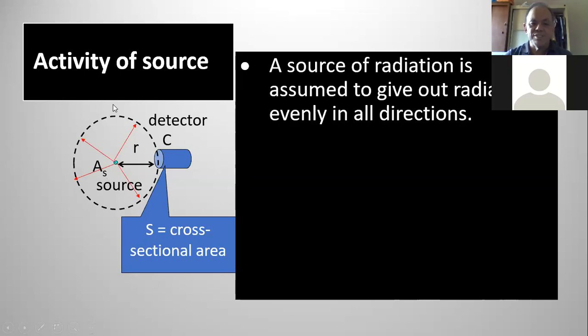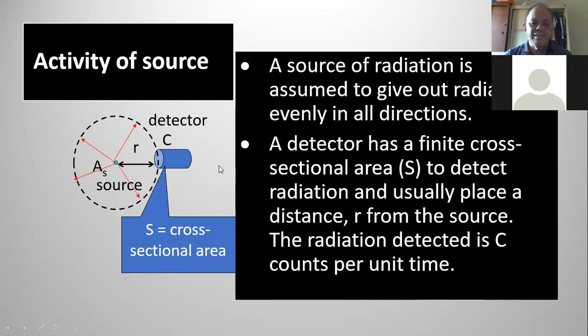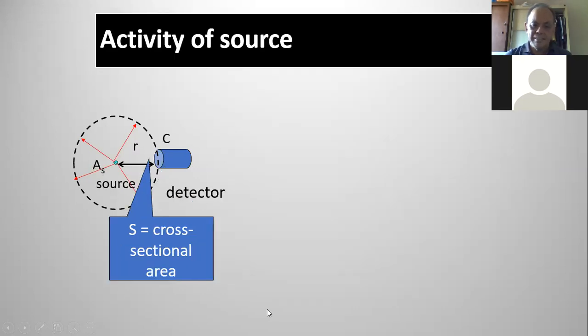That's our assumption. S is the cross-sectional area of the detector. We detect the radiation. R is the distance away, and C is the count rate, the number of counts per second detected by the detector.